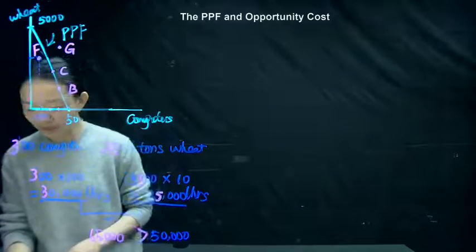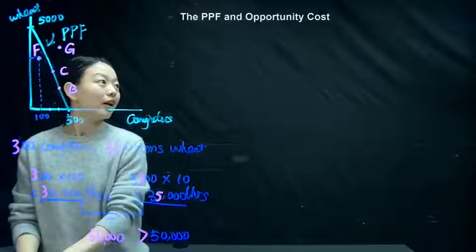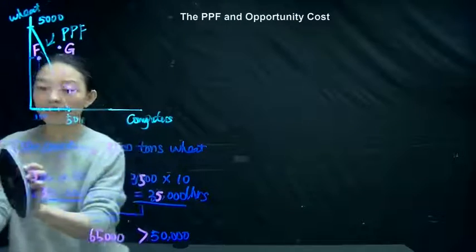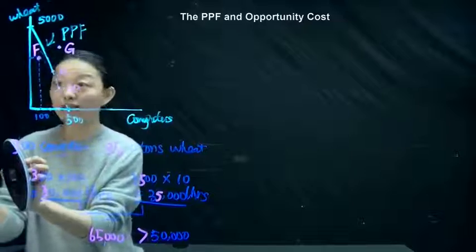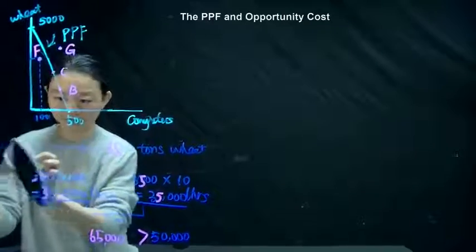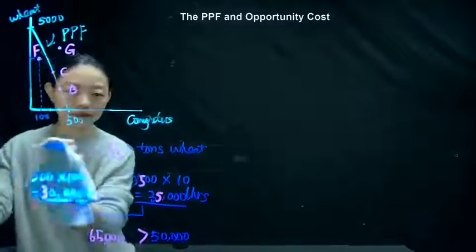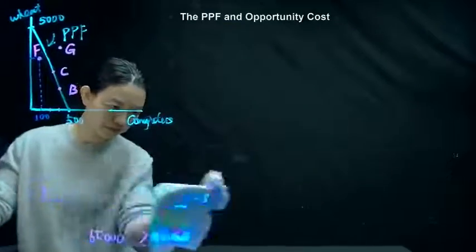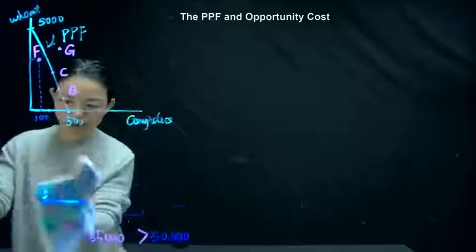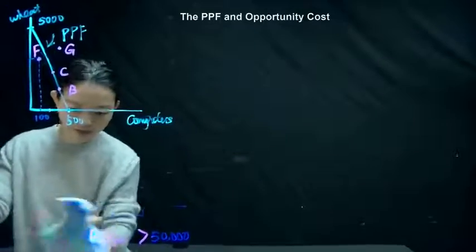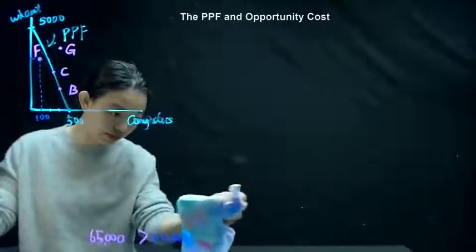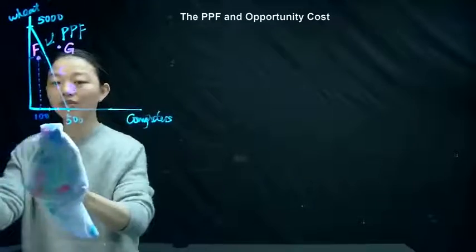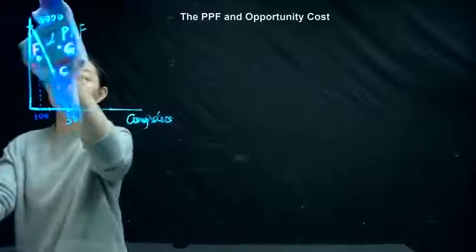Okay, now let's move on to the relationship between the PPF and the opportunity cost. How we can link these two concepts together. So let me just erase these and then I will explain the relationship between the PPF and the opportunity cost. Do you still remember the concept or the definition of the opportunity cost?